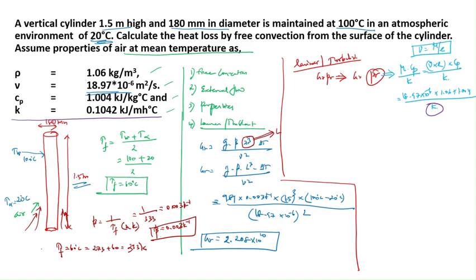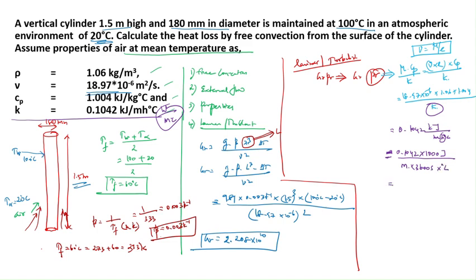It is given in kilojoule per meter hour degree Celsius, so we convert it: 0.1042 kilojoule per meter hour degree Celsius, which can be written as 0.1042 times 1000 joule divided by meter, times 3600 seconds, per degree Celsius.